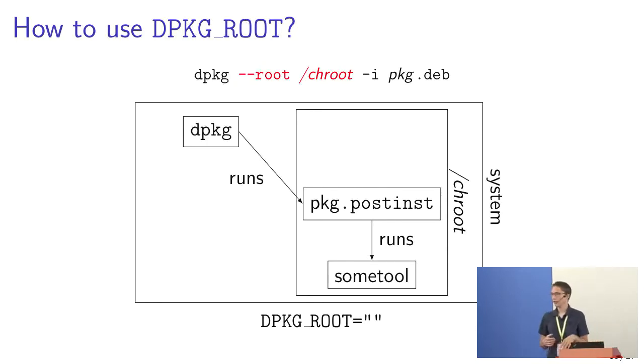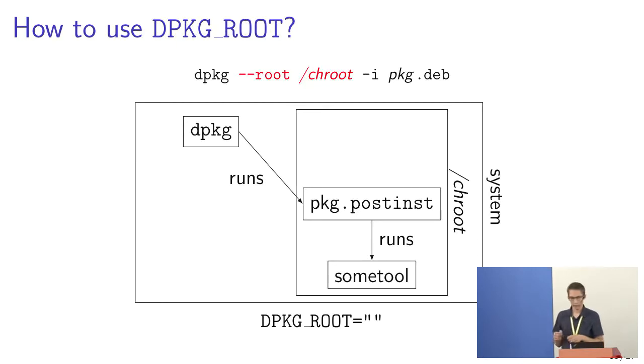But we can not only change root the full installation, we can also ask DPKG to do it on our behalf. And that has basically worked all the time. There's nothing new here. We just call into DPKG, ask it to do it inside some change root, and then it does.